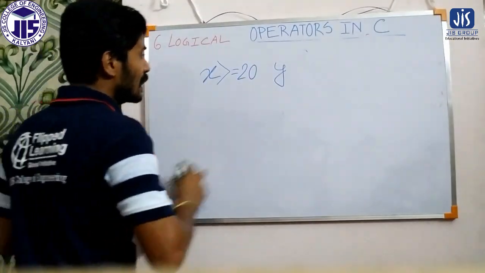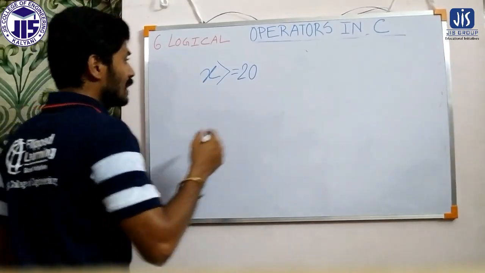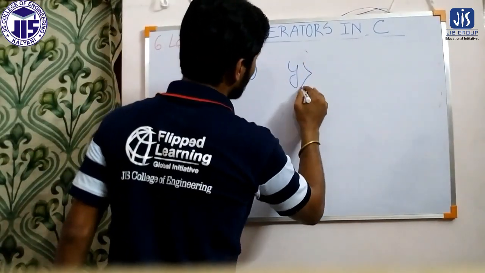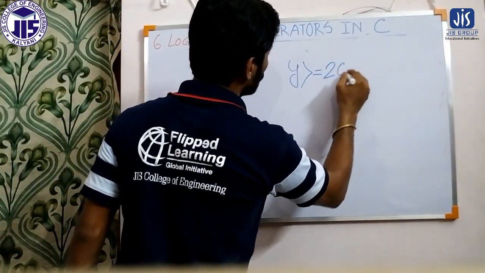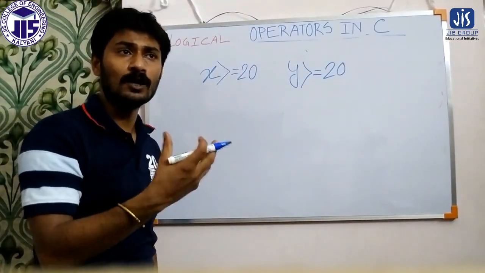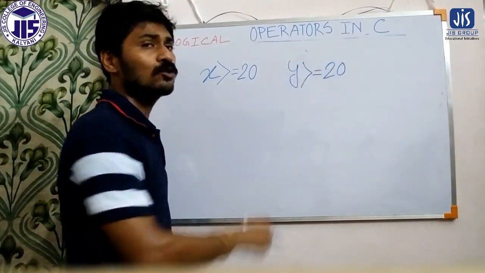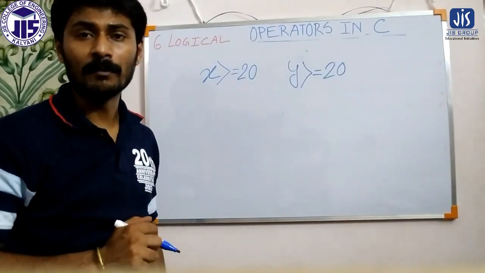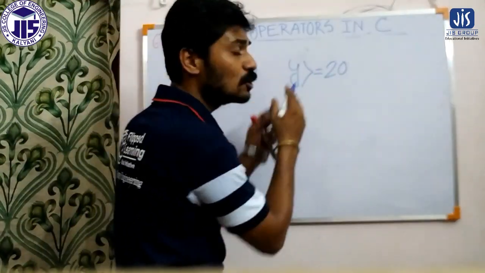And as well as if the value of Y is also greater than or equal to 20, then it will qualify. So when the value of X is greater than or equal to 20, this is a qualifying mark. When the value of Y is also greater than or equal to 20, it is also a qualifying mark. Now we have to merge these two conditions.